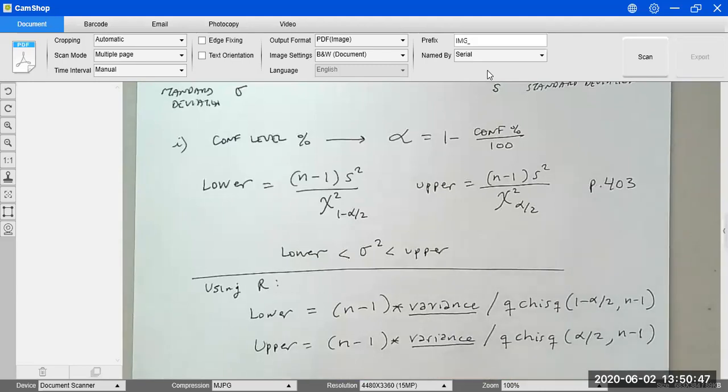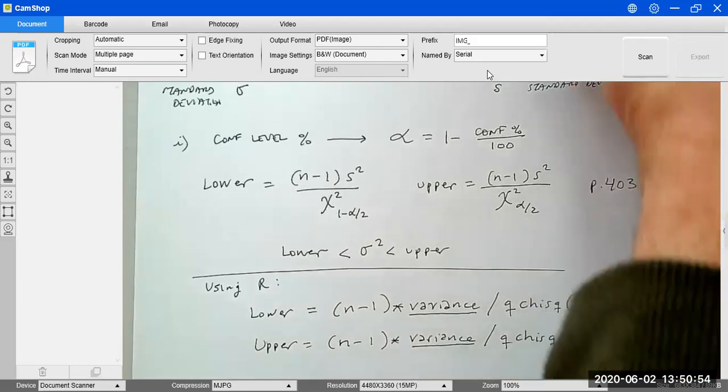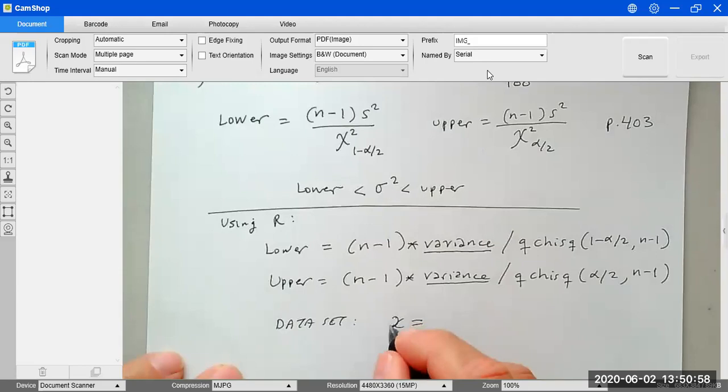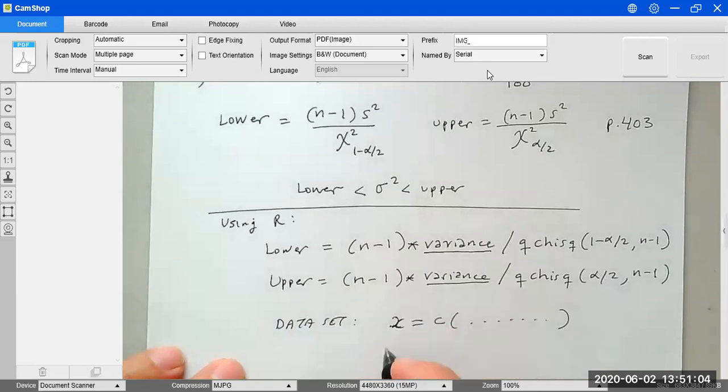If you have a data set, you're going to enter those values in the usual manner. So you're going to have x equals c, and then you enumerate all your values separated by commas, and then you're going to obtain the variance by using the function var of x. If you do that, you get the variance.